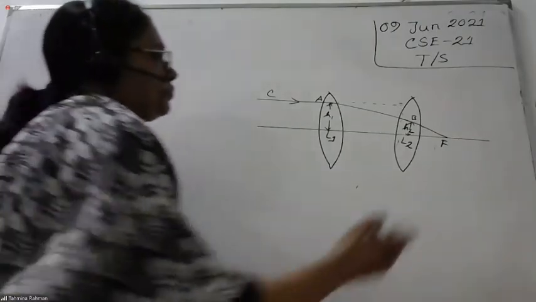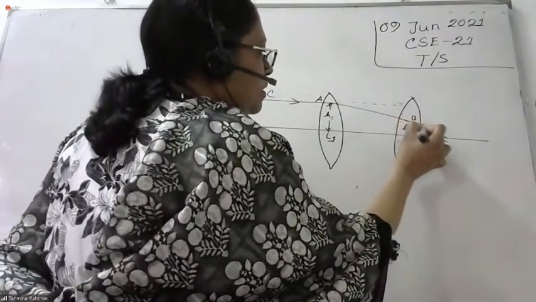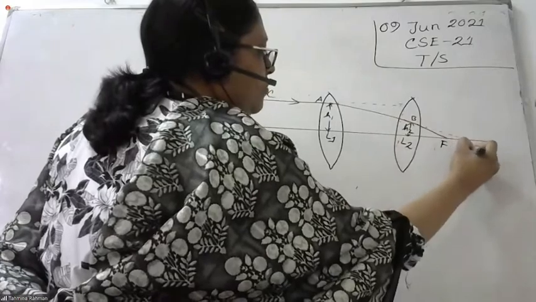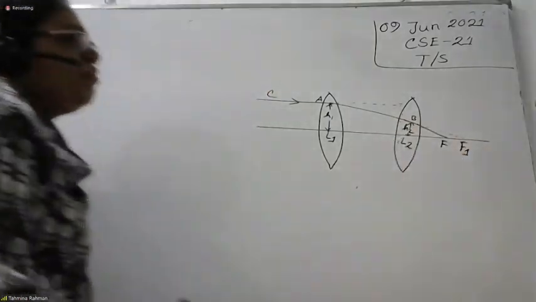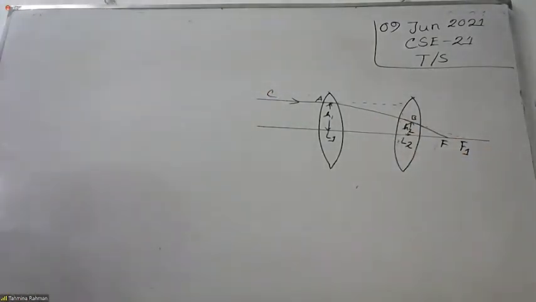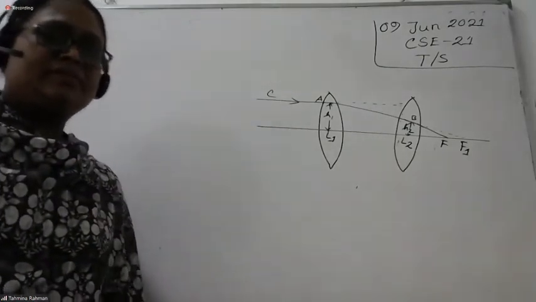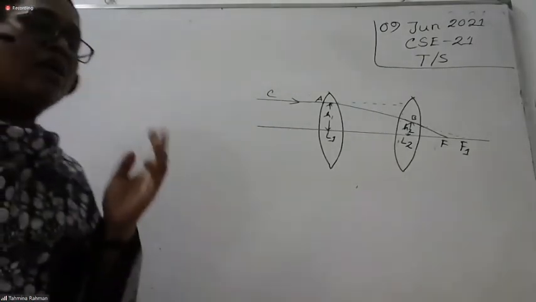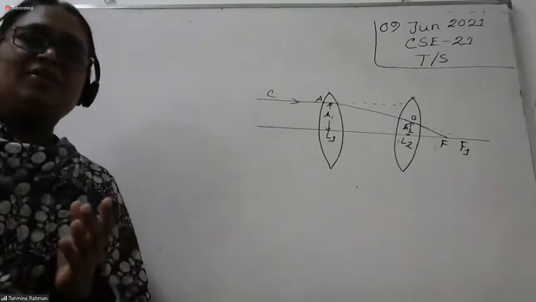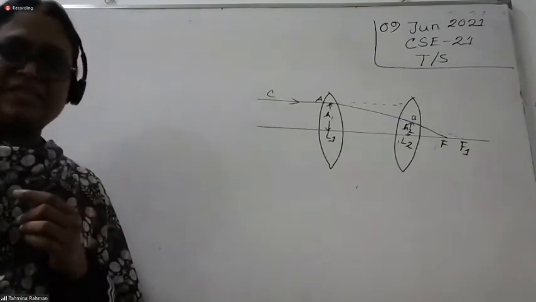So that is F1. Now tell me, what is F1? Who can tell what is F1? Without the lens, the light would have gone through F1. Or in short, we can tell F1 is the focal point for the first lens, isn't it?